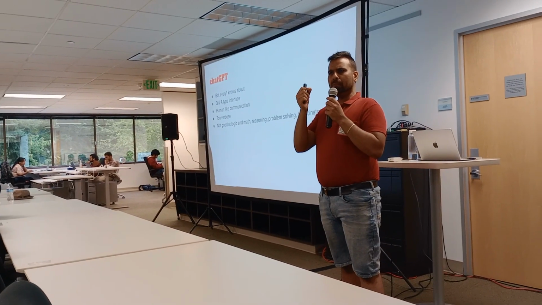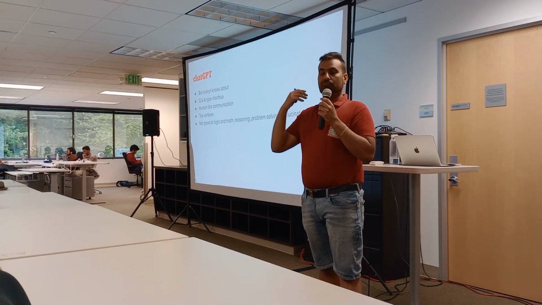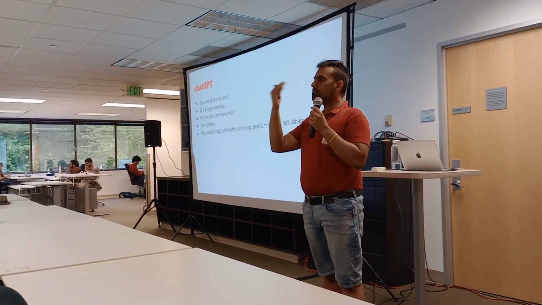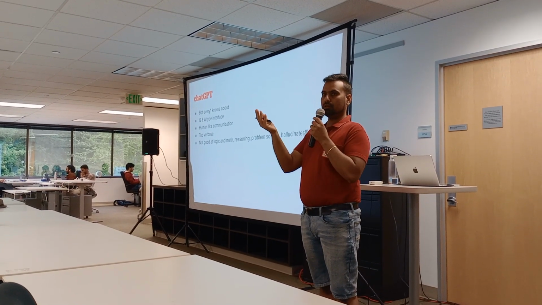Why would a model make up something that doesn't even exist? Does anyone have answers to it? Why would a model respond with something that didn't even exist? It's not even factual. Why do you think that happens? Anyone, go ahead. It's optimized to make the reader of the response happy. And so if it generates content that seems reasonable, then the voter will be like, yeah, it's good.